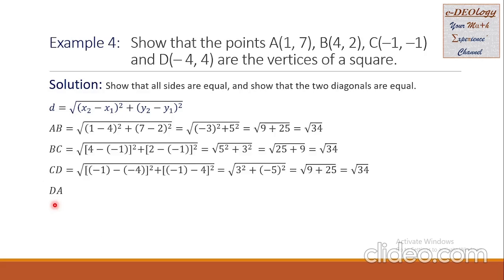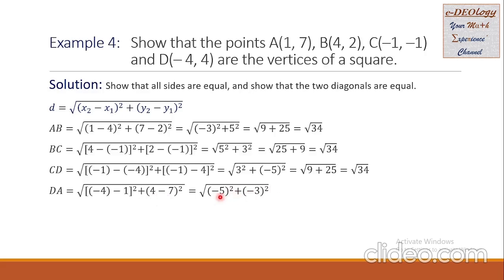Then the side DA. By distance formula, it becomes negative 4 minus 1, that is squared, plus 4 minus 7, that is squared. Negative 4 minus 1 is negative 5, that is squared, plus 4 minus 7 is negative 3, that is squared.